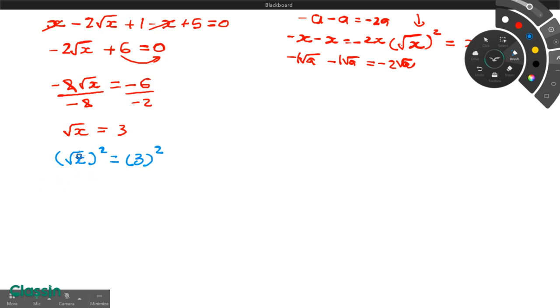Remember, what you apply on the left, you must also apply on the right. But now, because we said root of x squared, the squared and the root will eliminate each other. What is left is the number under the square root, equals to 3 squared. 3 squared is 9. Therefore, your solution will be equal to 9.